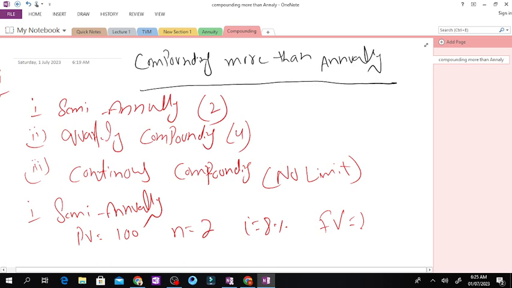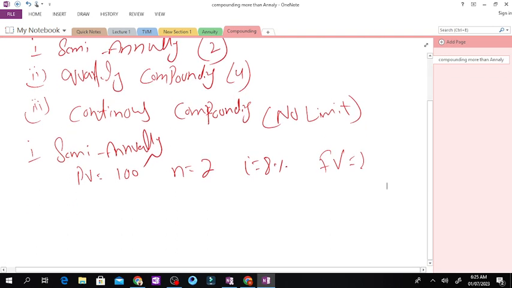So what we are going to do, we are going to get future value. What is the formula? The formula is future value is equal to present value times (1 plus i) power n.